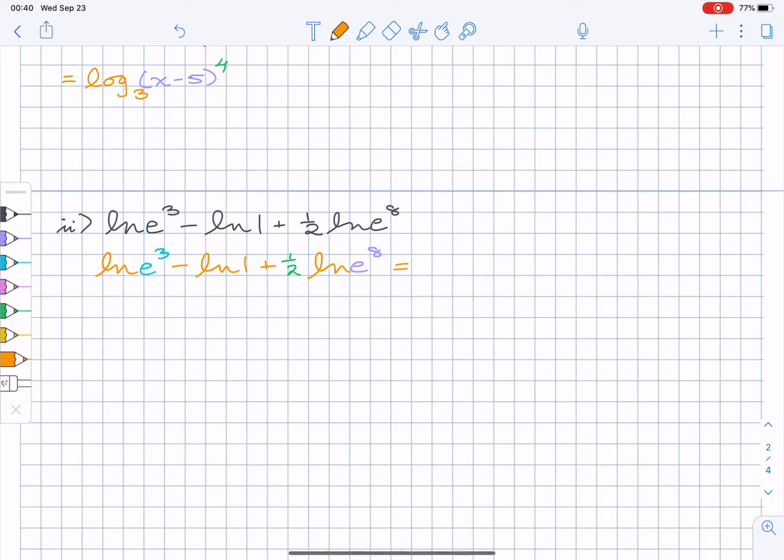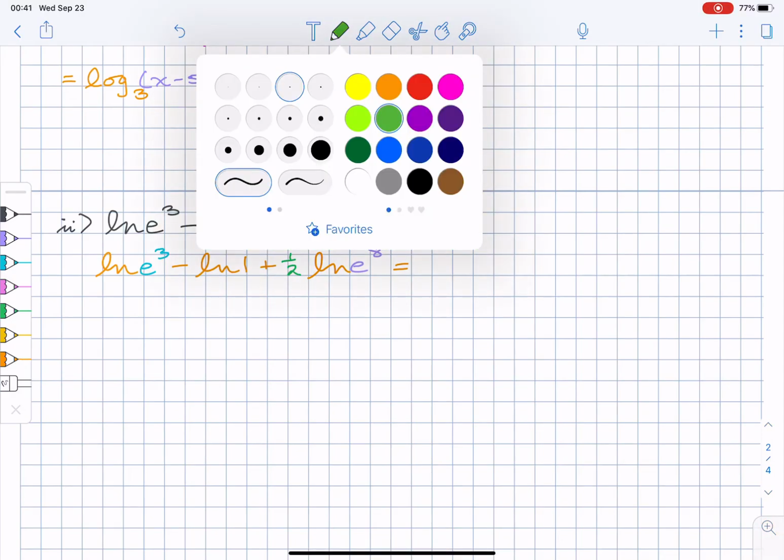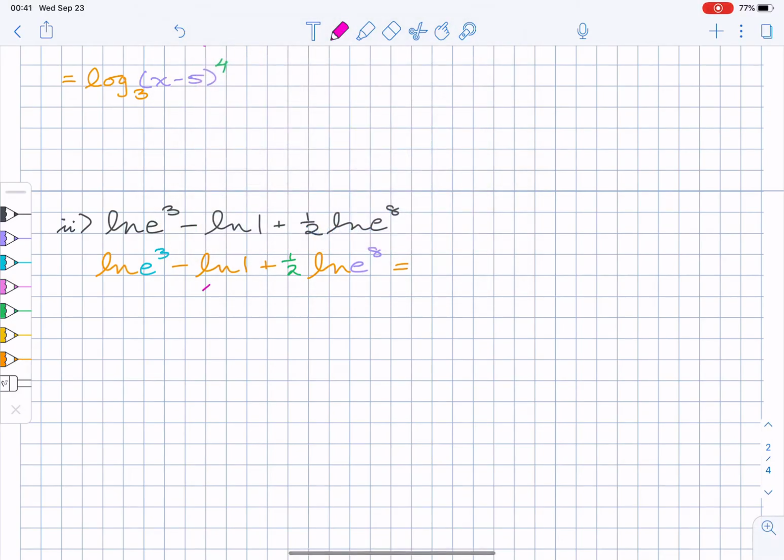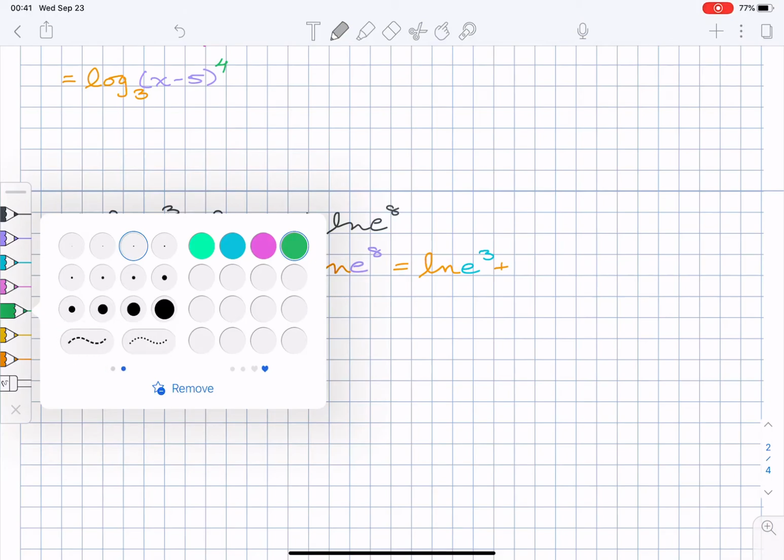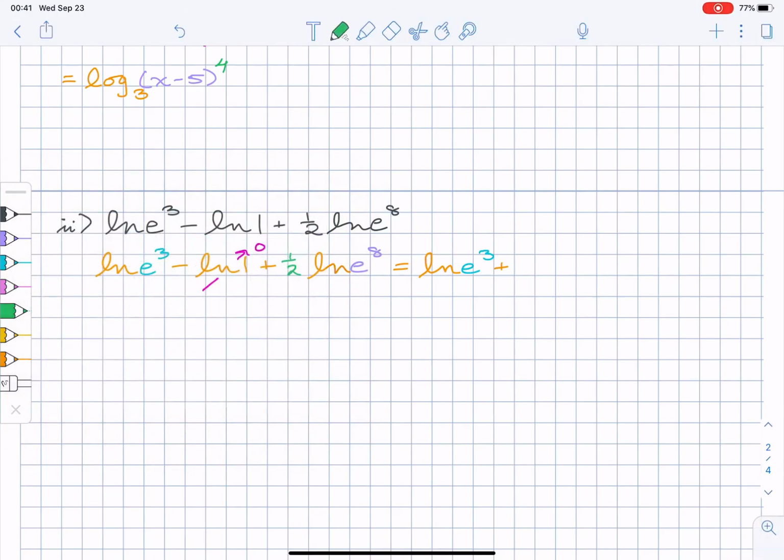Well, the first thing I note is that any base, log base a of 1, is 0. So I can just rewrite this as natural log of e cubed plus, and let me go ahead and move this into the exponent.